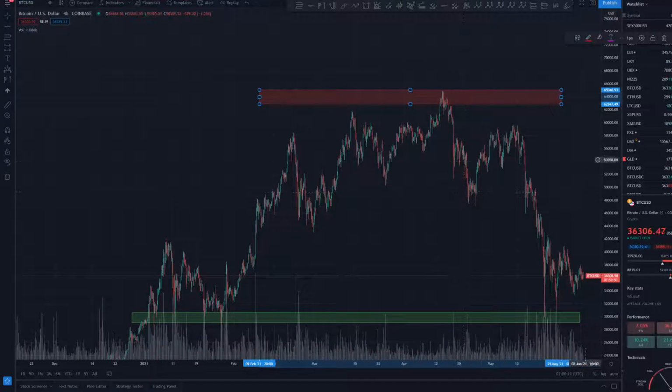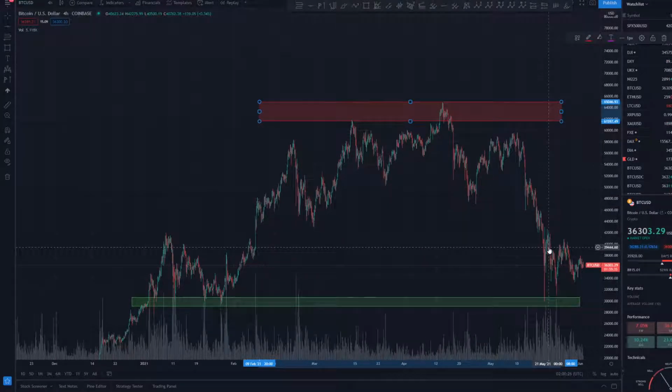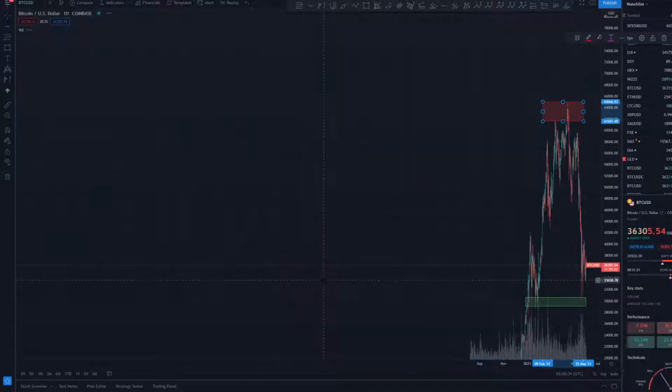If you look at charts, supports can be easily identified. For this region that I showed you right here, price keeps bouncing up from it and currently has bounced up from it. Same thing with resistance: in this zone, price keeps getting rejected off of it. A couple of things to know about support and resistance. It's important to look at the time frame. We're on a 4-hour time frame, and we can look at this on a daily time frame.